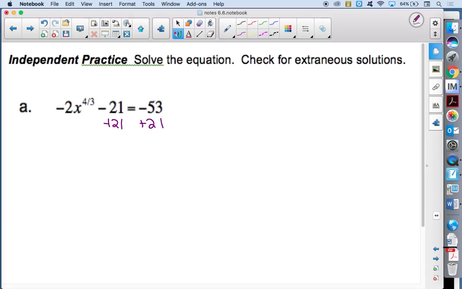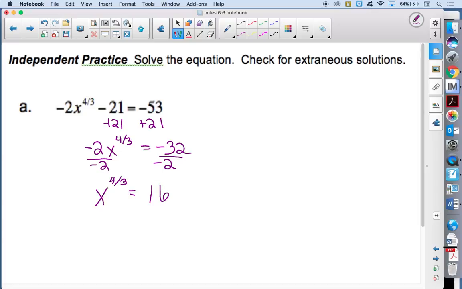You're still trying to get it by itself. So using the same process to solve an equation for x, add the 21, and you get negative 32. And then you divide by negative 2. We have to get rid of the negative 2 because x is supposed to be isolated by itself. So x to the 4/3 equals positive 16.